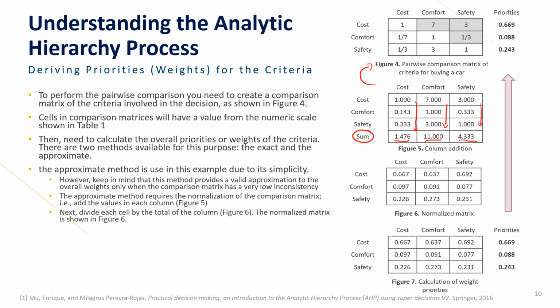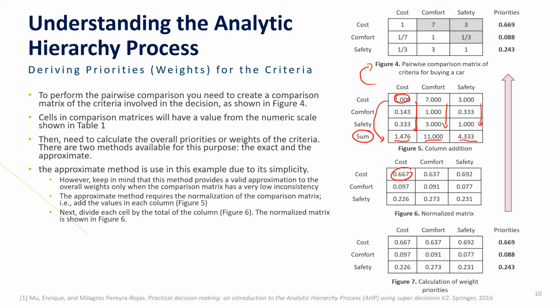And then to normalize it, you divide all of these values by the sum of the column, and then you will get this one. For example, this 0.661 is equal to 1.00 divided by 1.476.